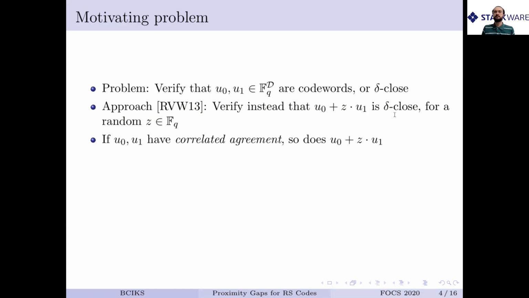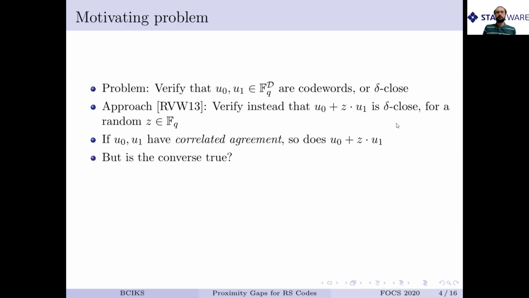Another reason why this might work is that if we assume that U0 and U1 have correlated agreement, which means that not only are they separately each delta close to the code, but they also agree with code words on the same set of points of density 1 minus delta inside D, then so does the random linear combination. It will also have the same correlated agreement with them on the set of the same size, and so it will also be delta close to the code.